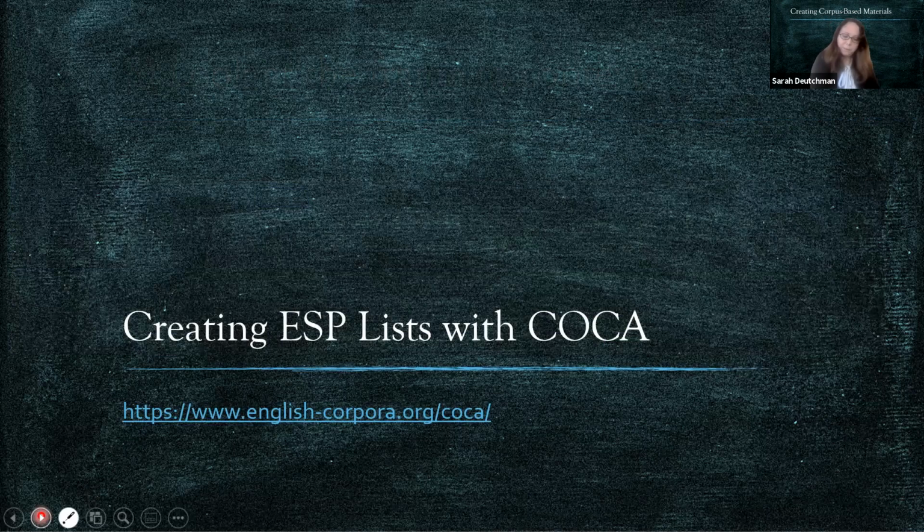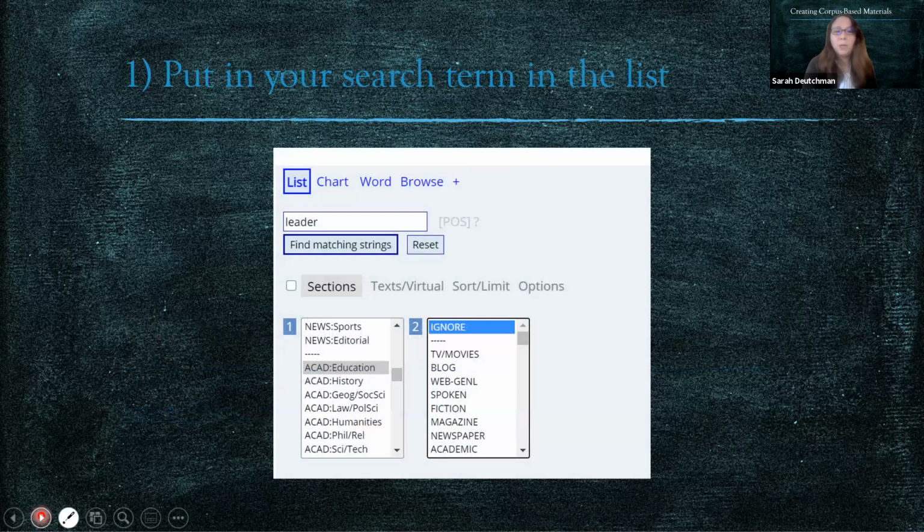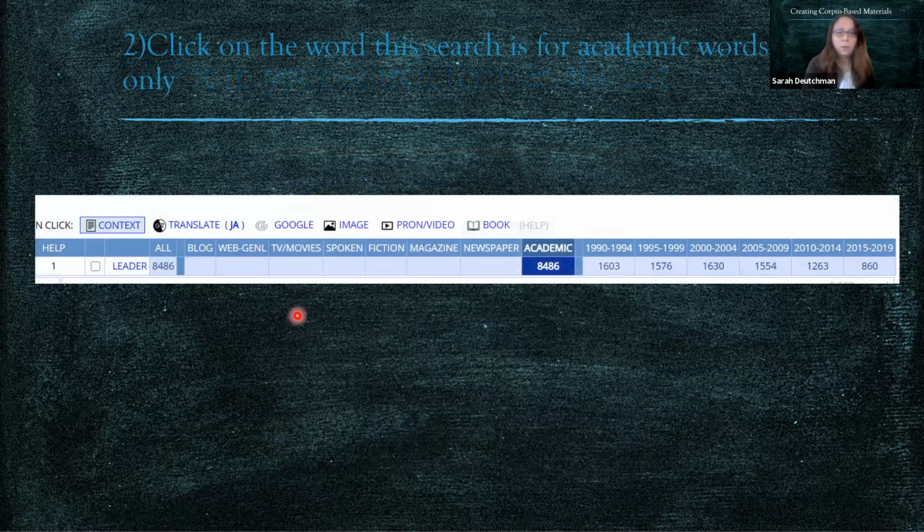I'm going to go over this one quickly because once again, I want to make sure you have time to experience this for yourselves. If you're creating ESP lists, you can do a basic search. If you want, you can limit things to more academic or not, or if you want to use certain sources. So pretty much you put in there, find matching strings, go to matching strings.